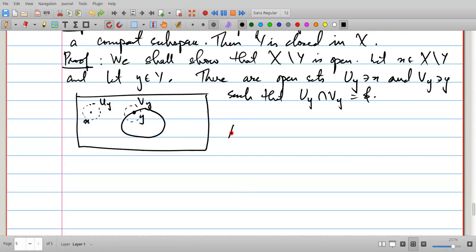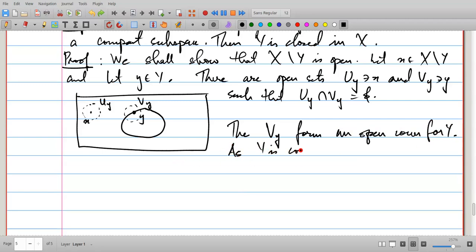So as Y is compact, well, before that, the Vy's form an open cover for Y, and as Y is compact, there is a finite subcover.